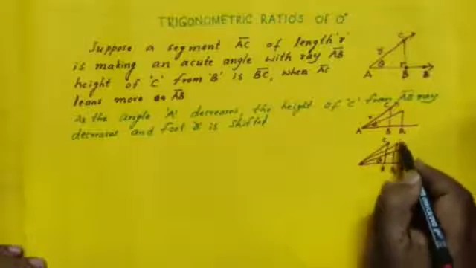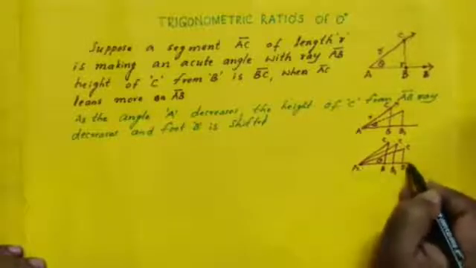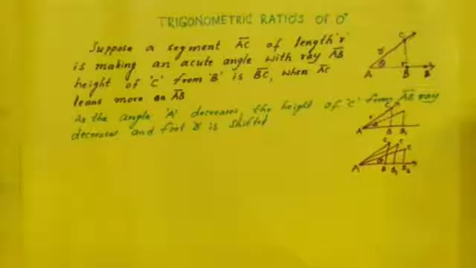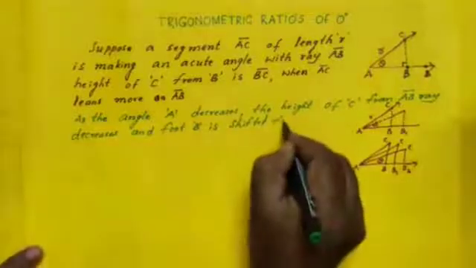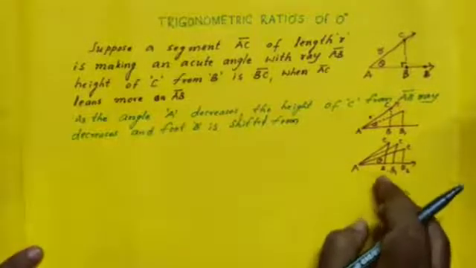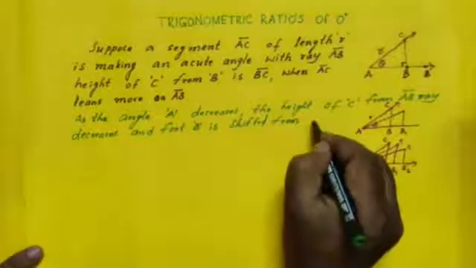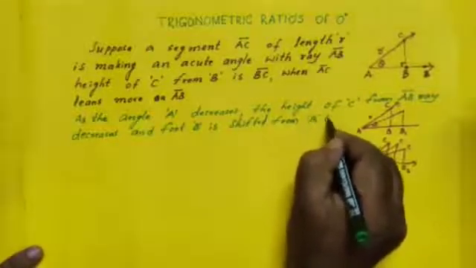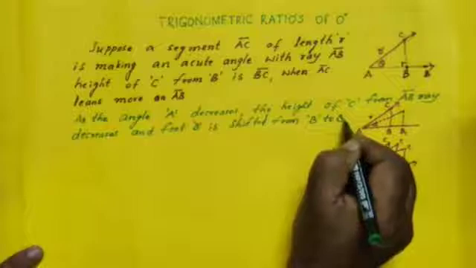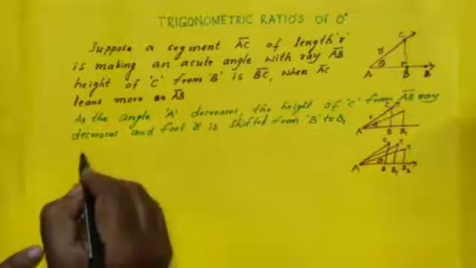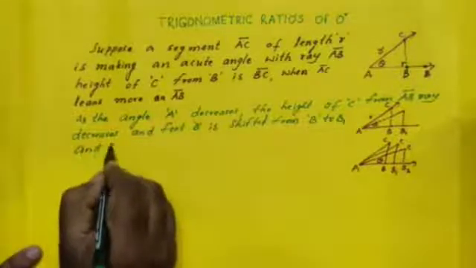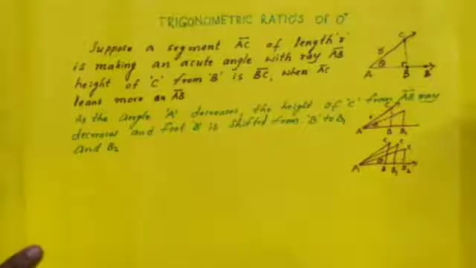C goes on decreasing. So once you observe here, it shifted from B to B1 and also up to B2.